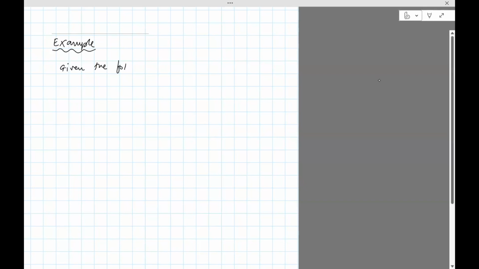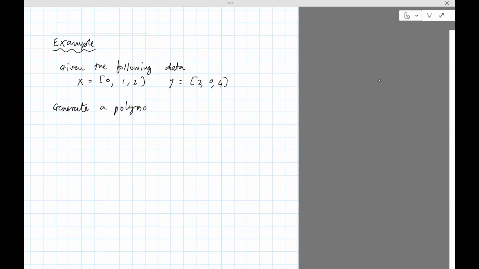Given the following data, x equals 0, 1, 2 and y equals 2, 0, 4, find the polynomial fit y of x.